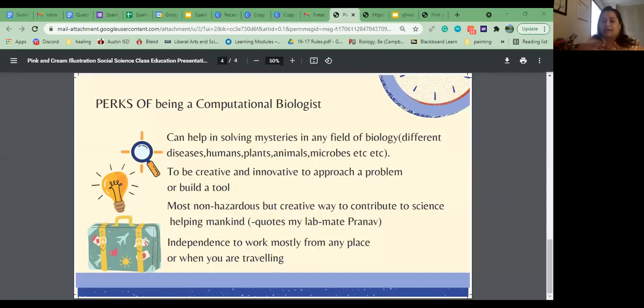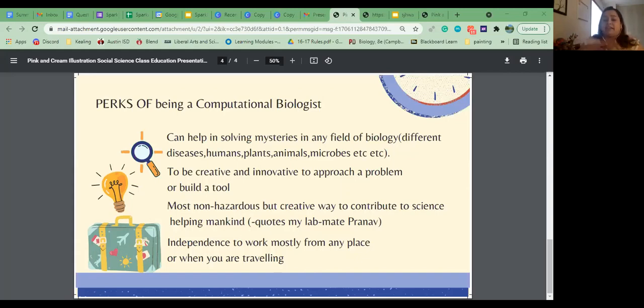Now, I asked my lab mate what he thinks is a perk of being a computational biologist. He quoted that it's the most non-hazardous way, because we don't really work with chemicals. We do a lot of our work through computers, or by building algorithms and models. So he thinks this is the most non-hazardous but creative way to contribute to science and help mankind.